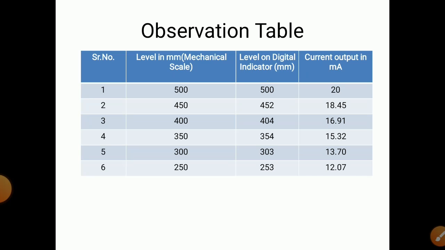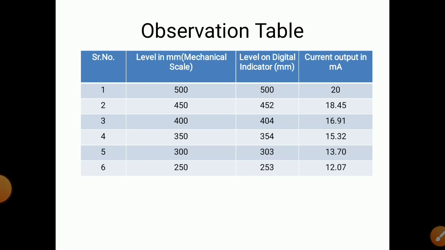So here I have shown you some sample readings. Starting from 500 mm level, the digital indicator also indicates 500. Now the second reading, 450 mm level, the digital indicator indicates 452 mm. Third, 400 reading is there, but the digital indicator indicates 404.